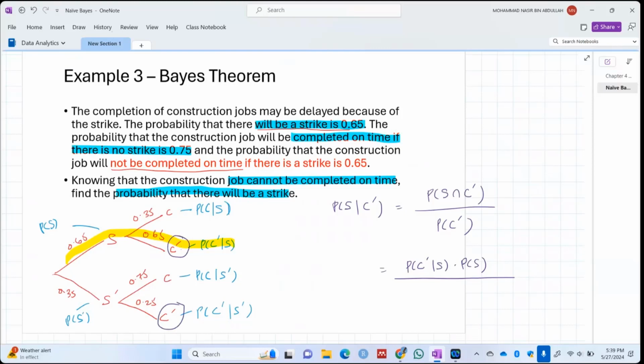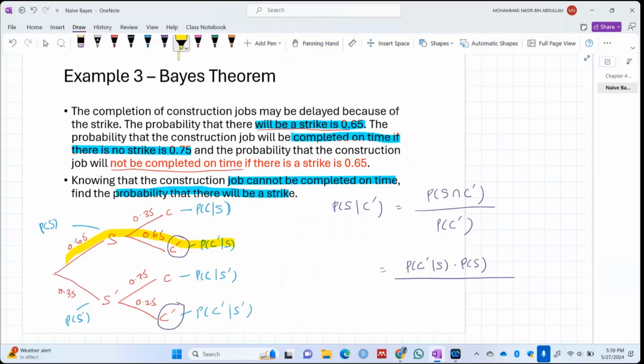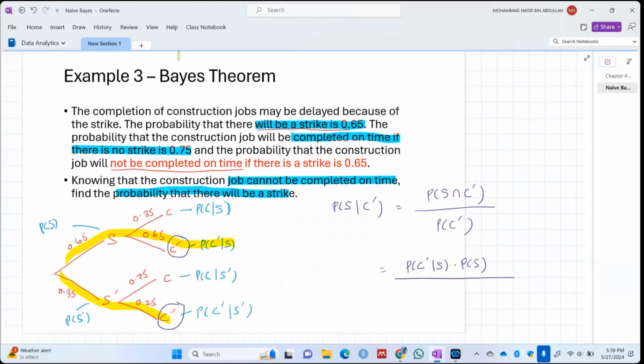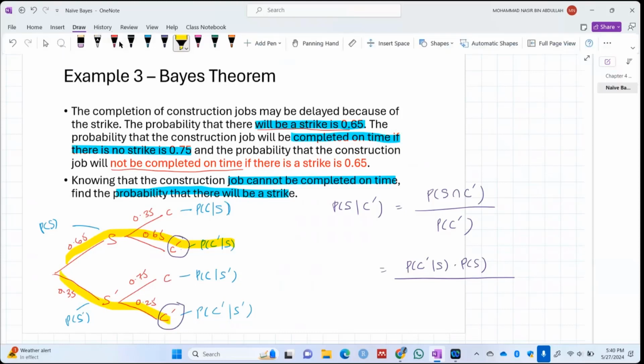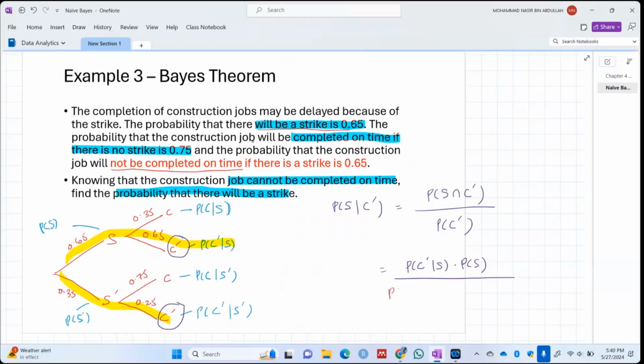So we need to add all the intersections with strike and no strike. So this is the probability of C complement given S multiplied by the probability of S, plus the probability of C complement given S complement multiplied by the probability of S complement.